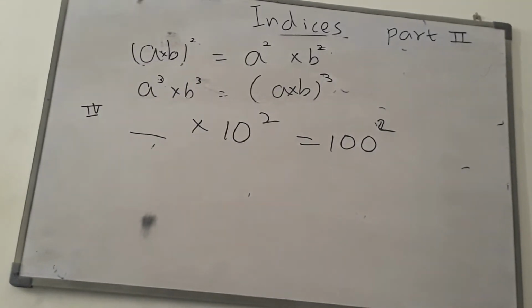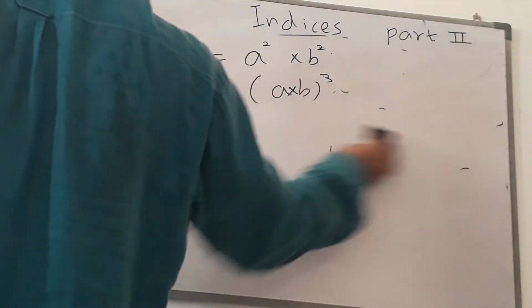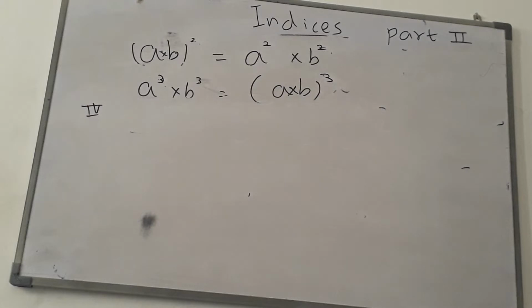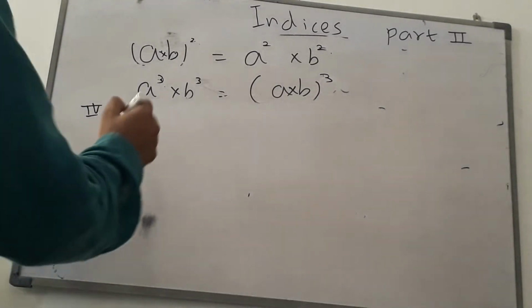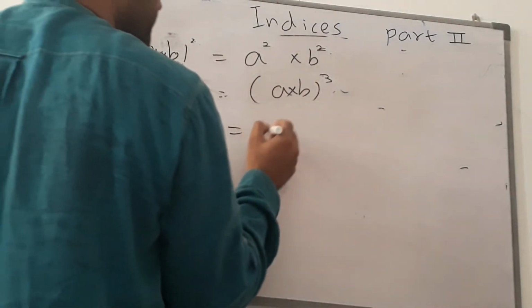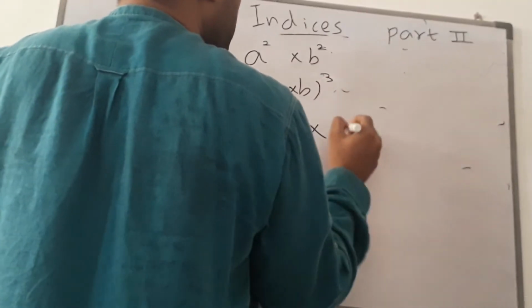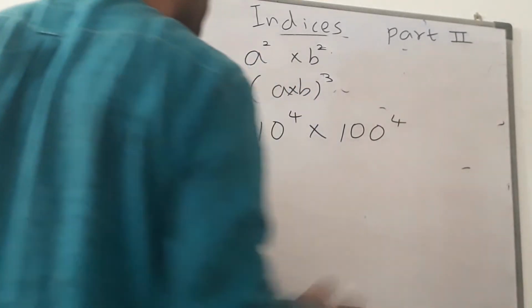Sorry, no, it is not like that. It is like this: something equals 10 to the power 4 times 100 to the power 4.